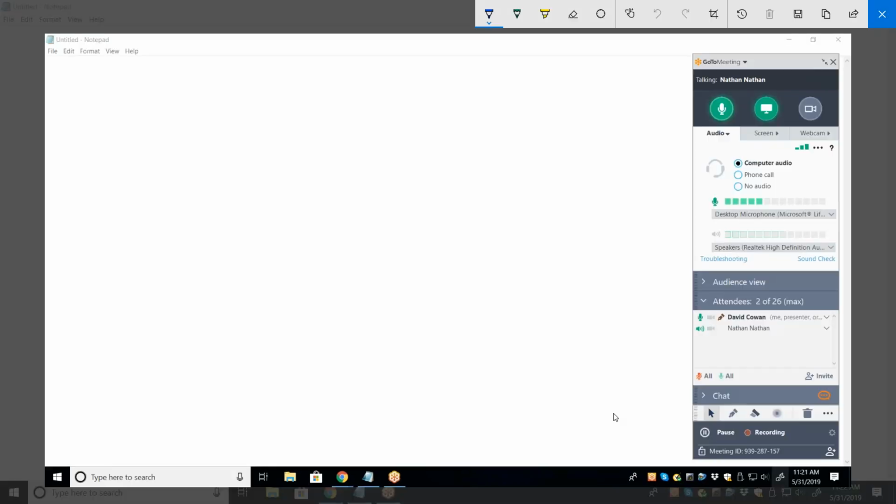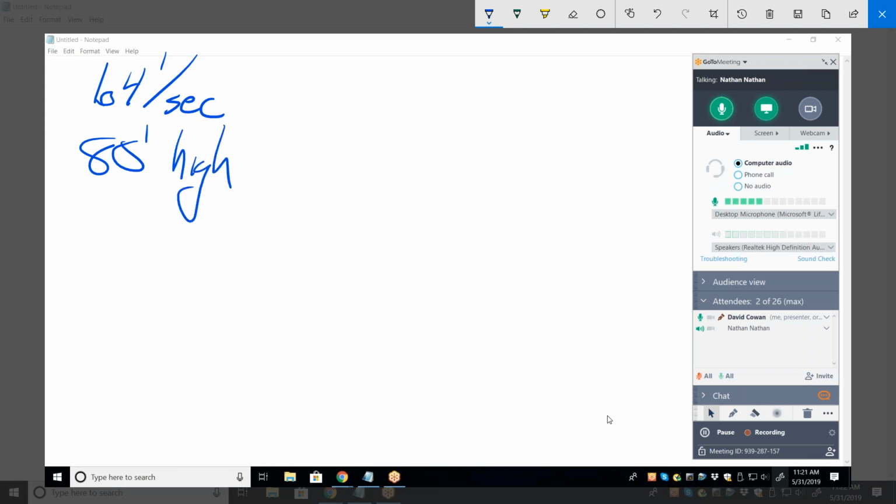An object is launched upward at 64 feet per second from a platform that is 80 feet high. What is the object's maximum height if the equation of height, h, in terms of time, t, of the object is given by h of t equals negative 16t squared plus 64t plus 80?